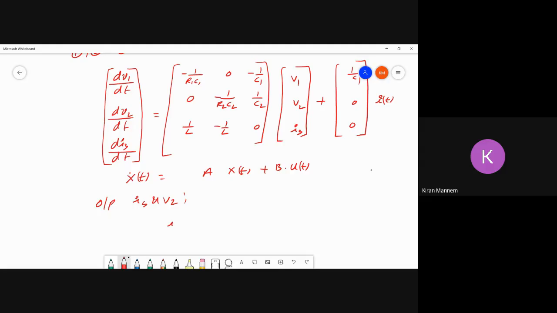So I can write I5, V2 equal to the C matrix times V1, V2 and I3.